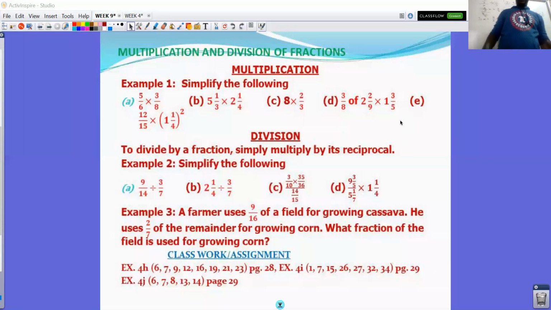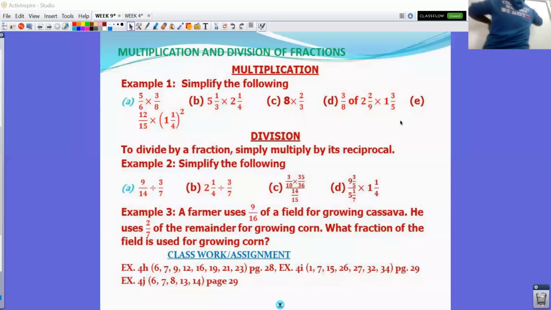I'll take the question again. A farmer uses 9/16 of a field for growing cassava. He uses 2/7 of the remainder for growing corn. Now, you need to underline the word remainder because we need to understand what they mean by remainder. So he uses 2/7 of the remainder for growing corn. So what fraction of the field is used for growing corn? Now let's look at the board, please. So let's solve the question together.